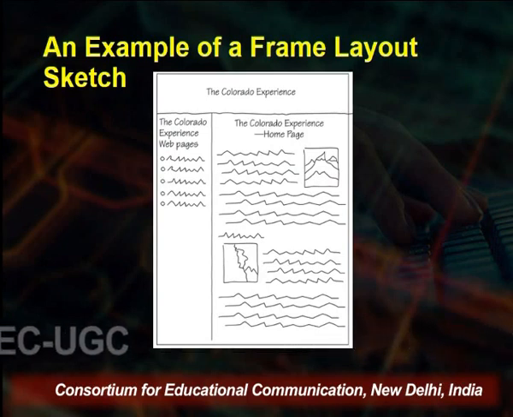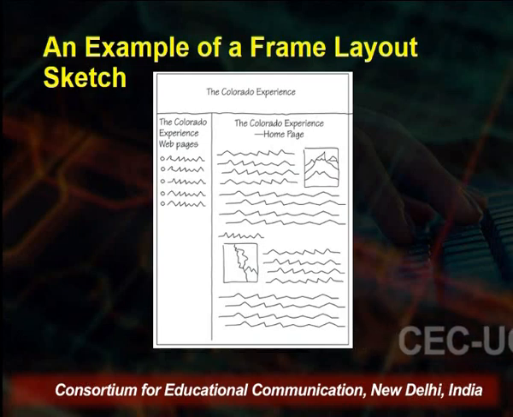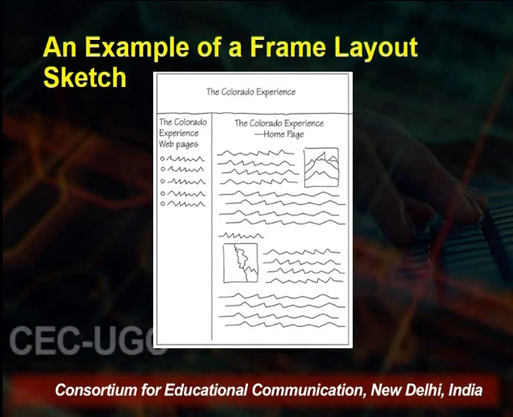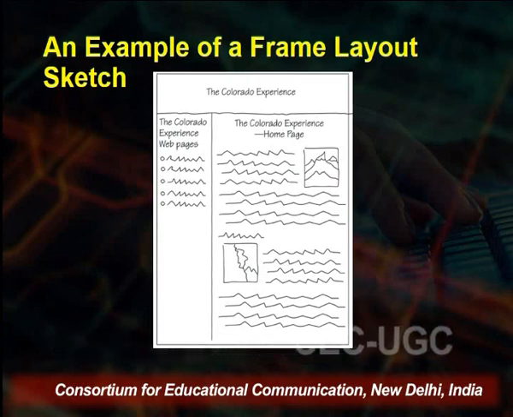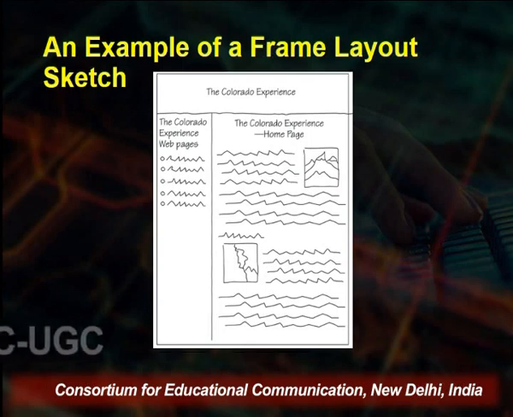Here you can see that the entire page has been divided into 3 frames, right. The first frame has the title. The right hand side frame has the content, and the left hand side frame has the links. So, these are 3 different HTML documents which are loaded into these frames.